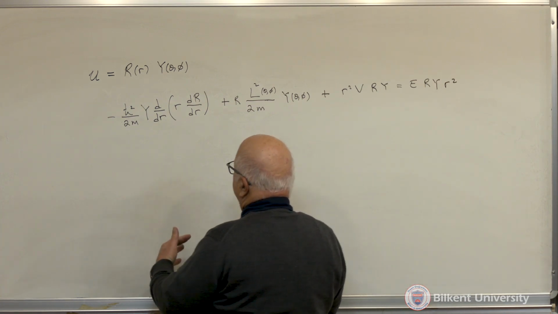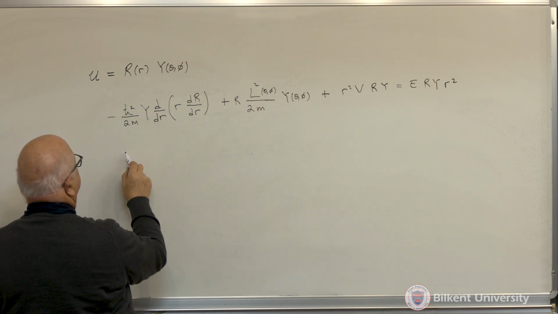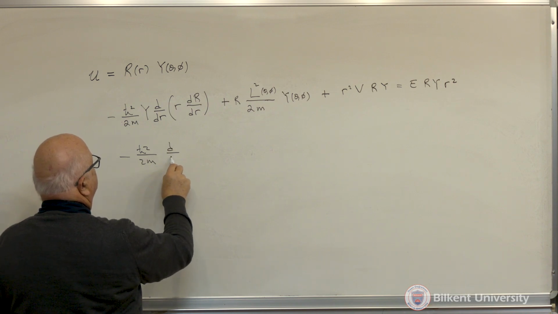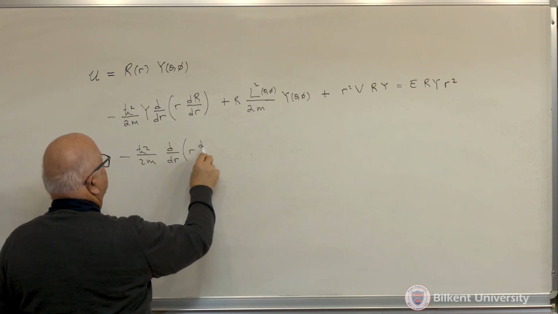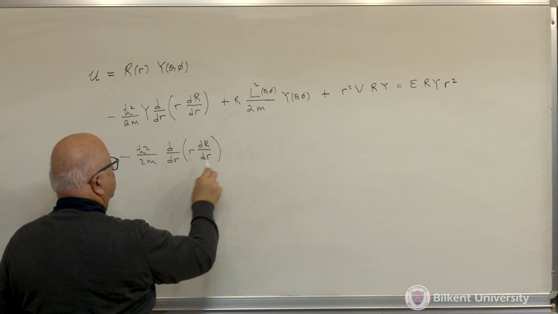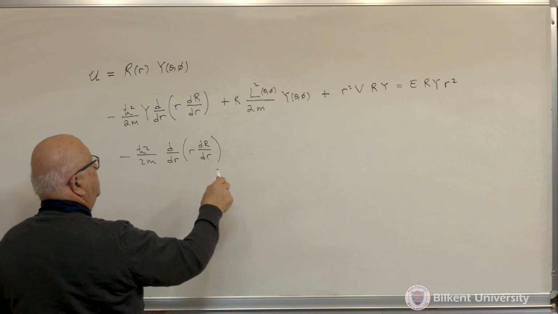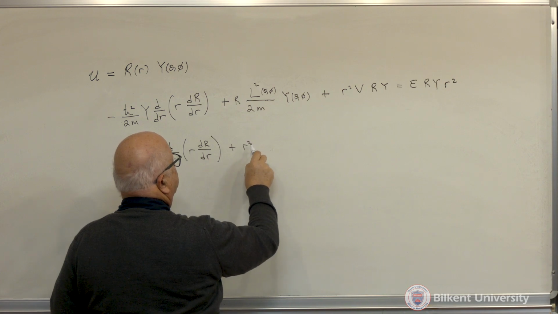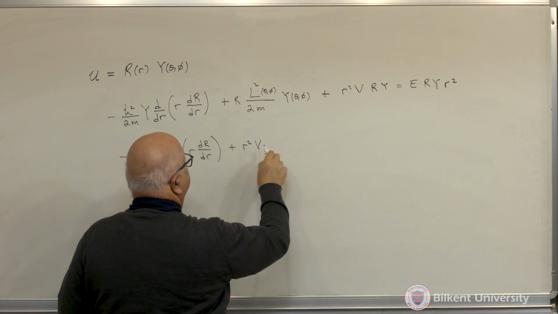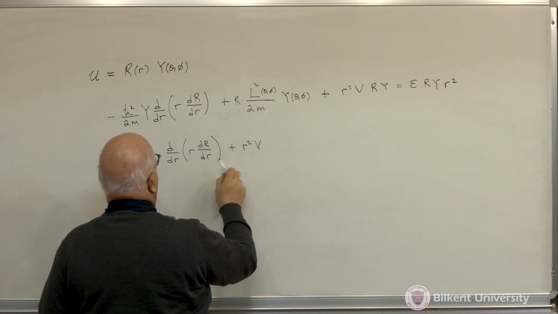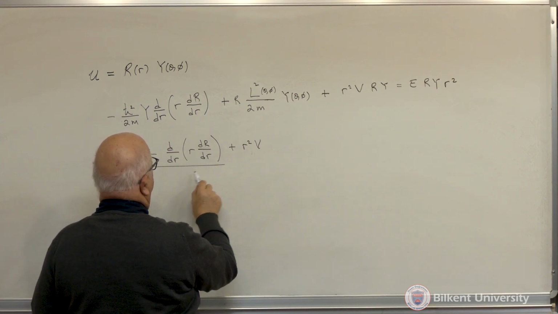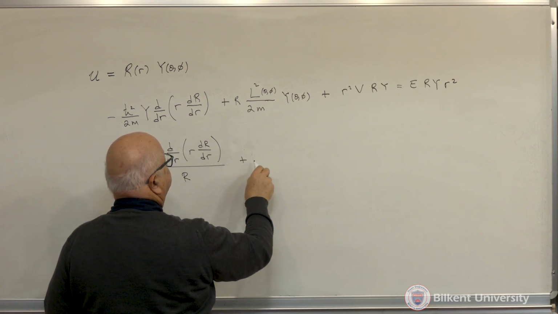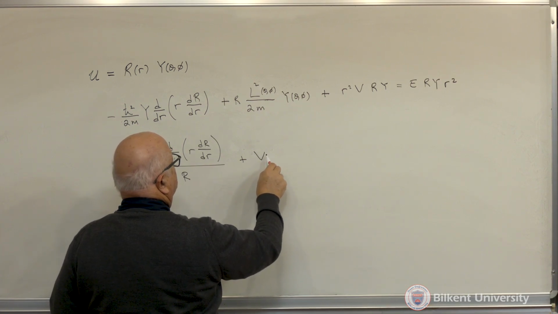So I divide by R times Y, so I get minus h bar squared over 2m, d dr r squared dR dr. Let me put this r squared term over here also, r squared V. Well, I'm dividing by R times Y, so I need to have this thing divided by R, right? So I'll get plus V, and that's it.